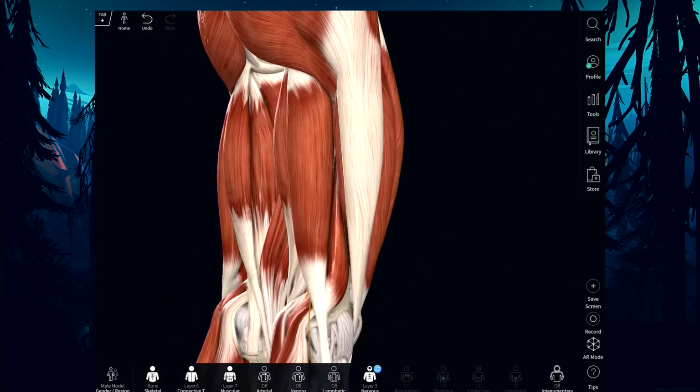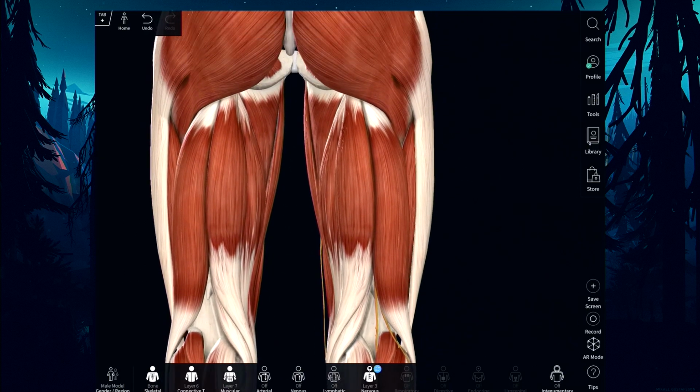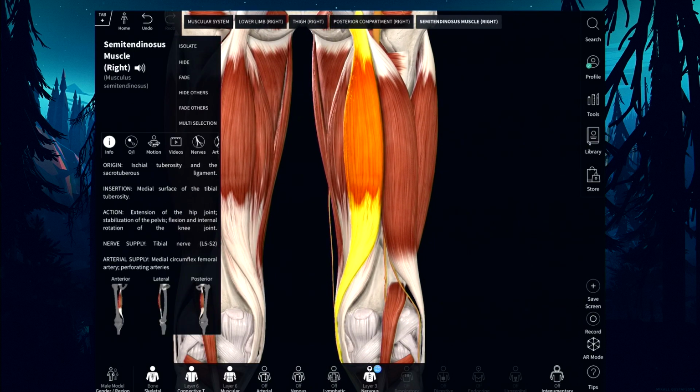Don't even question it. All right, so we have flexors of the knee. Let's get rid of these gluteal muscles. We don't care about those right now. Flexors of the knee. Medially, the semis. Laterally, the biceps. And semitendinosus and semimembranosus, I always remember as tendinosus on top. Tendinosus on top. So tendinosus, most superficial, which I have shown here.